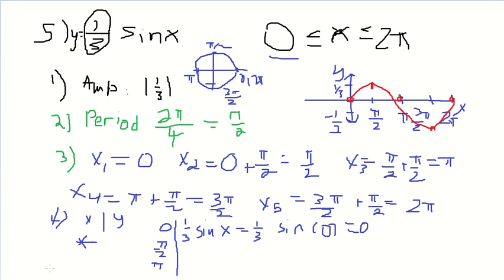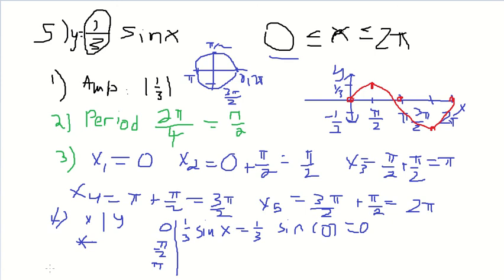In number 3, we calculated the x values, and then number 4, we didn't do it completely because I ran out of space. But basically you plug the x values that you got, x1, x2, x3, x4, x5, into the equation that was given in the problem, 1/3 sine x.